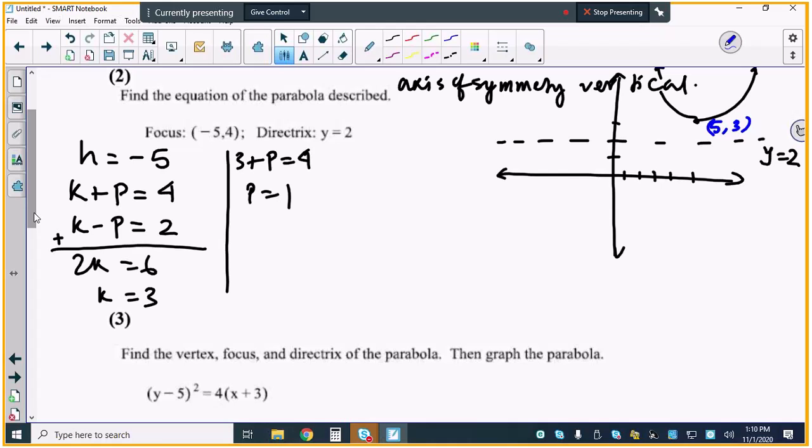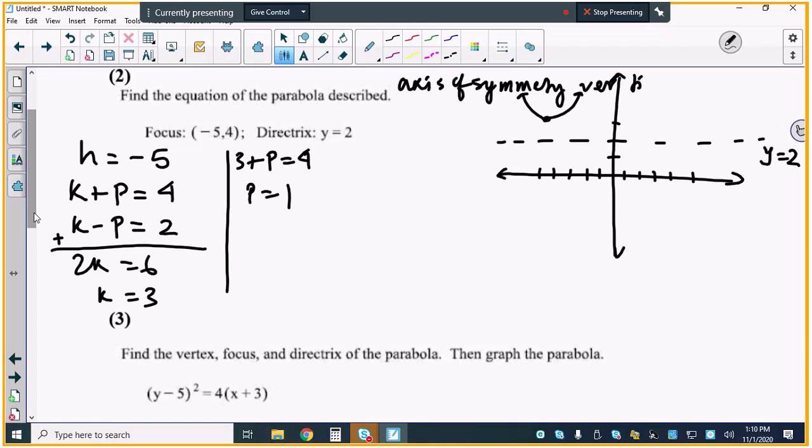In fact, h is -5, so it should be in the other direction. Remember, h is -5, so I'm going to change it a little bit. It's going to have the same shape, but it should be at 1, 2, 3, 4, -5 and 3. So somewhere here, so that is your parabola opening up as p is positive.